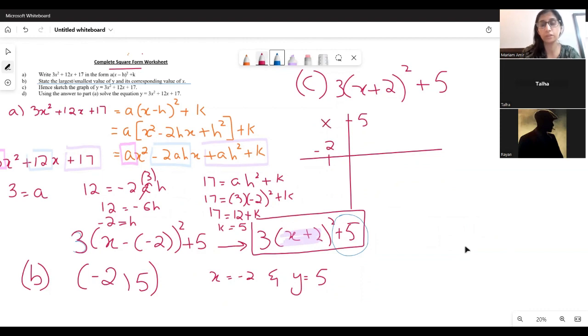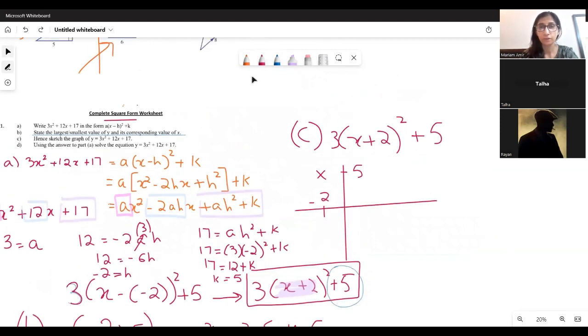So this is going to be the turning point. Now, is it going to be a U-shaped graph or an inverted U-shaped graph? It's going to be a U-shaped graph because it's plus 3x². The coefficient is positive. So it's going to go like this. That's the turning point and it goes like this.